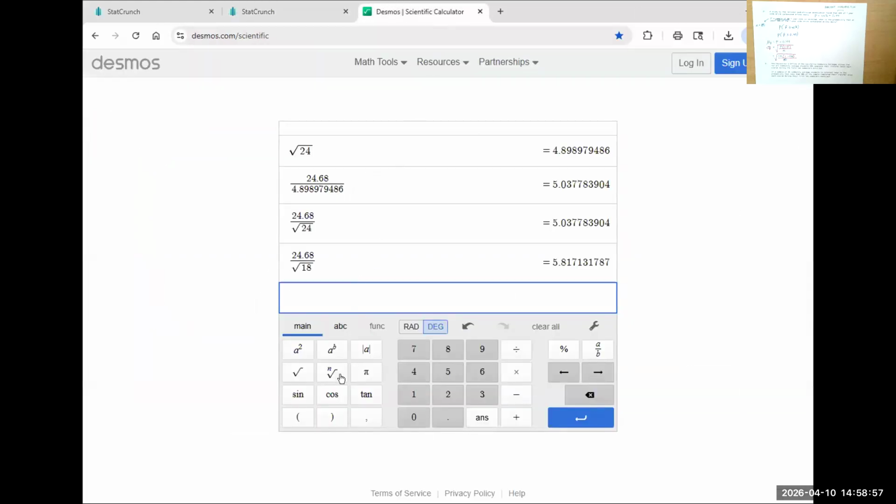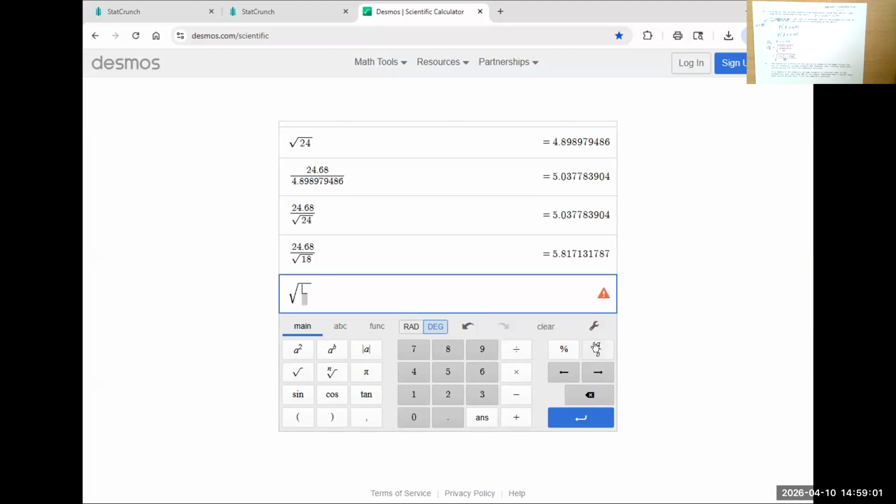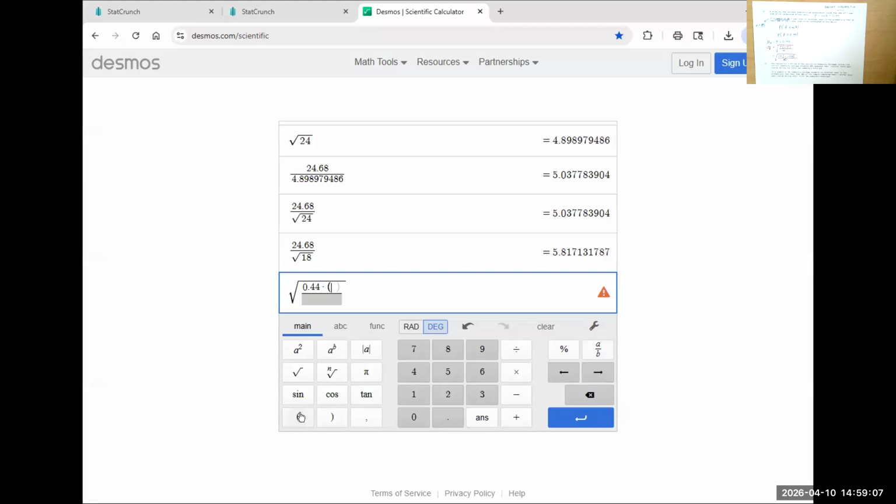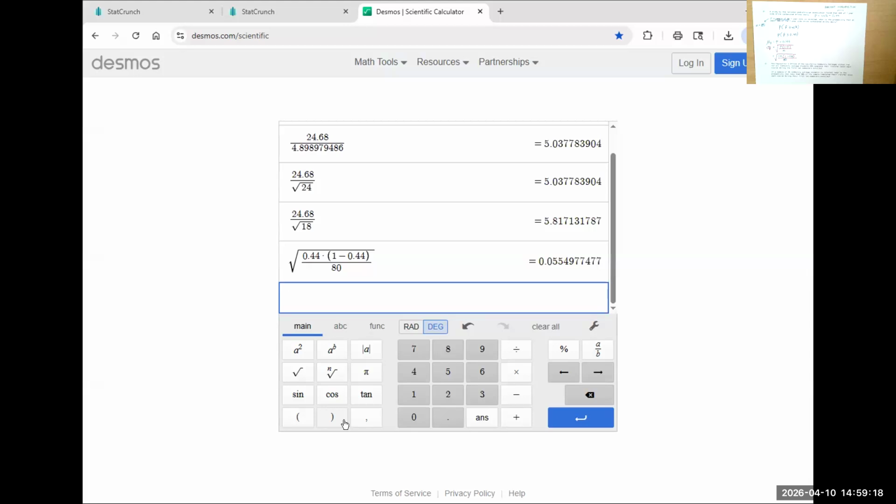Okay, and so in our calculation, doing that big square root, I'll put my fraction inside, 0.44 times, parentheses, 1 minus 0.44, close that parentheses, dividing by 80, our sample size, and we're getting a really small standard deviation. But again, that's common with proportions.